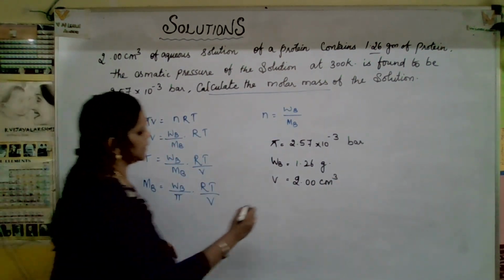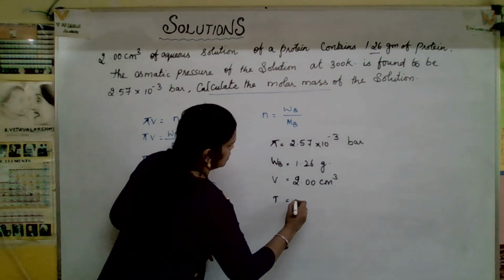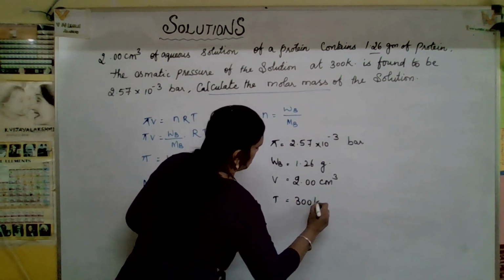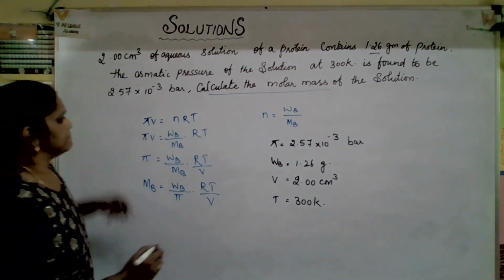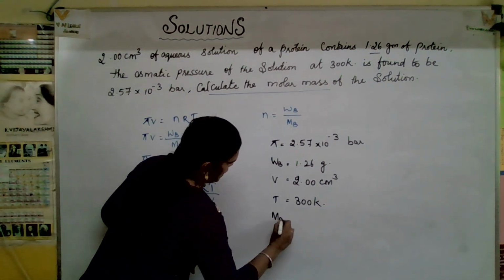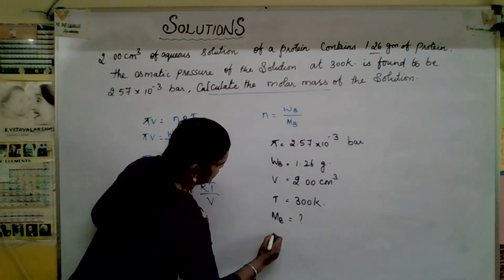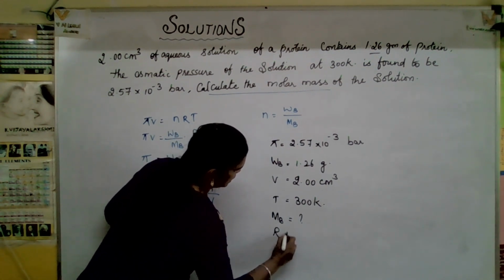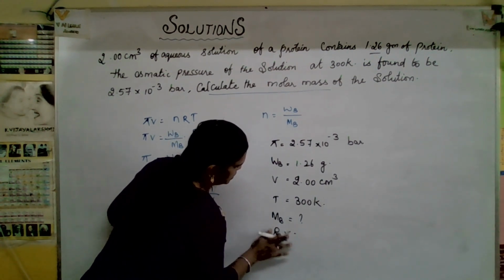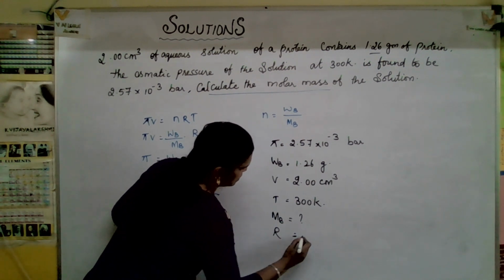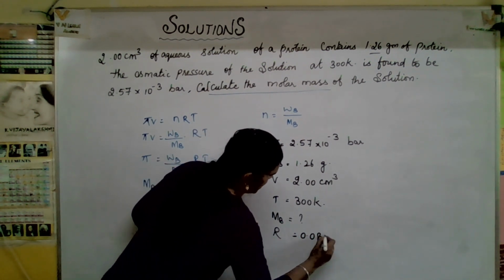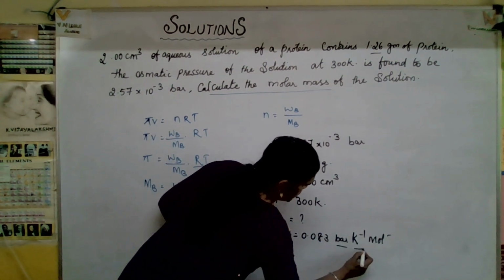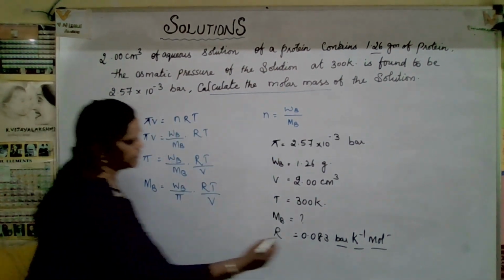And temperature 300 K. MB we have to identify. And R is a constant, right? 0.083 bar Kelvin inverse mole inverse.